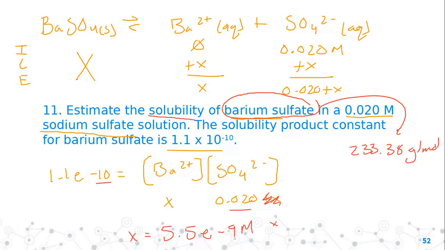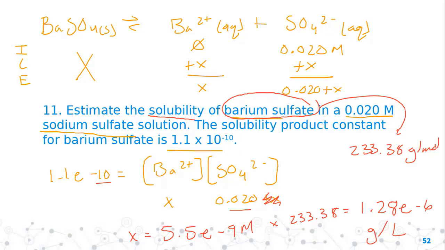Let's multiply that. We should get 1.28 e to the negative 6 grams per liter. So that's our solubility. Any questions on number 11?